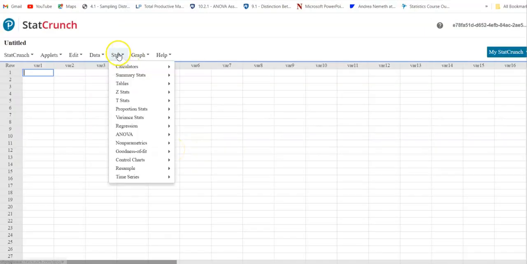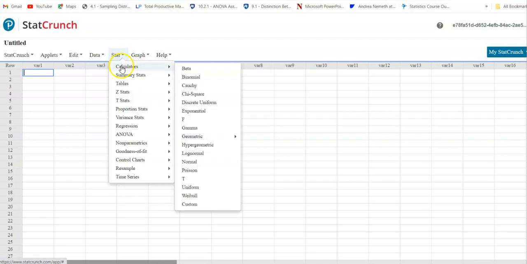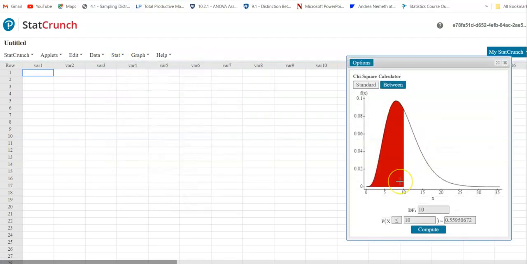Here we go to Stat, Calculators, and choose chi-square. Now we need to enter a value for this shaded area to find the critical value. Remember, for the 0.05 significance level, the area to the left of the critical value is 0.95.